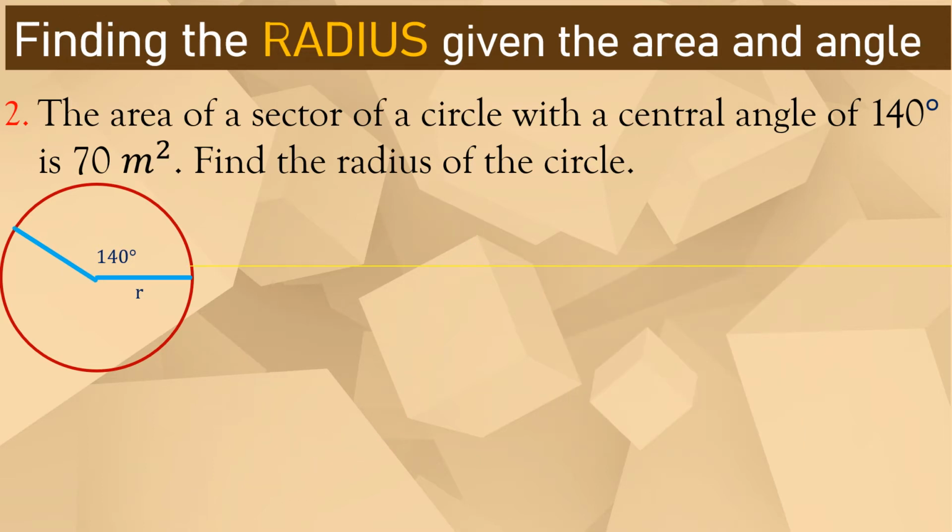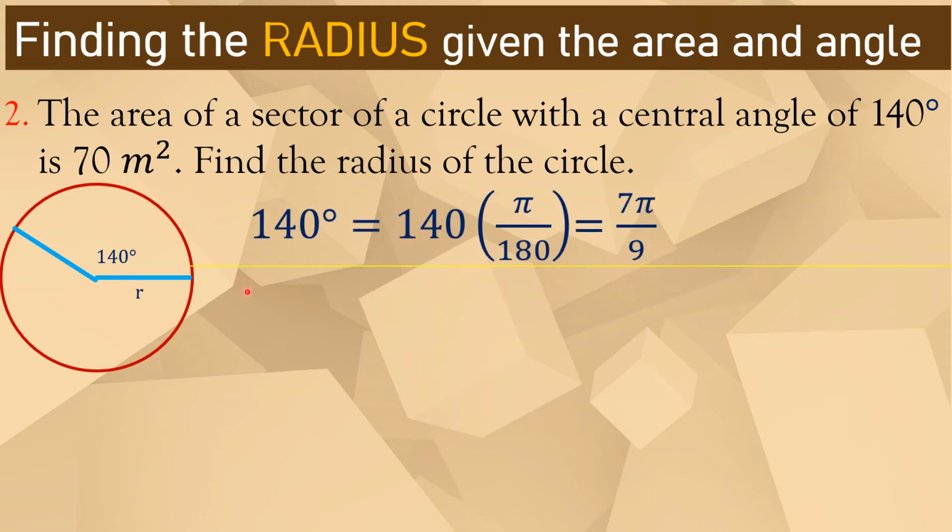Okay, so we're ready to solve the radius of a circle having a central angle of 140 degrees and the area of the sector is 70 square meters. Take note that we need to convert 140 degrees again into radian, and that is 7 pi over 9 radians.